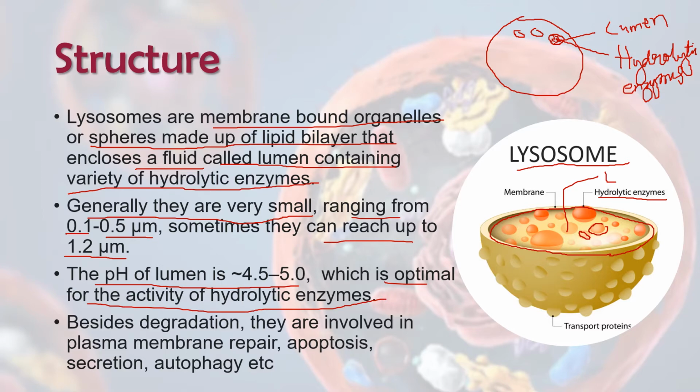Hydrolytic enzymes are functional in a particular pH, which should be acidic in nature. So the pH of the lumen is 4.5 to 5, which is slightly acidic and optimal for the function of these hydrolytic enzymes. Besides degradation, they are involved in plasma membrane repair, apoptosis, secretion, and autophagy, etc.